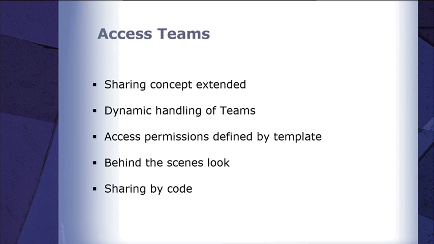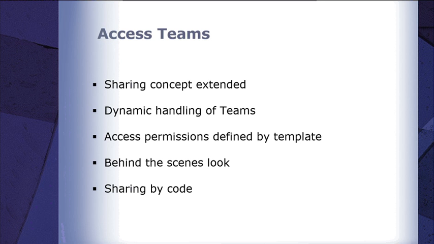You create an access team template and associate it with the entity. When you add members to that record, the privileges they are going to be given depend on the template associated with it. We'll see what happens behind the scenes and how it works.